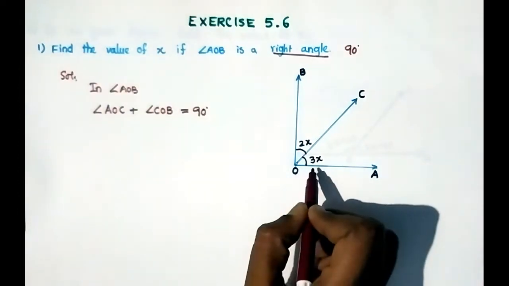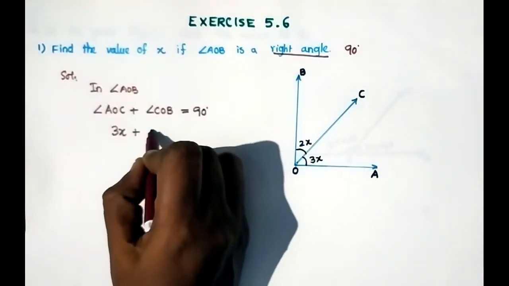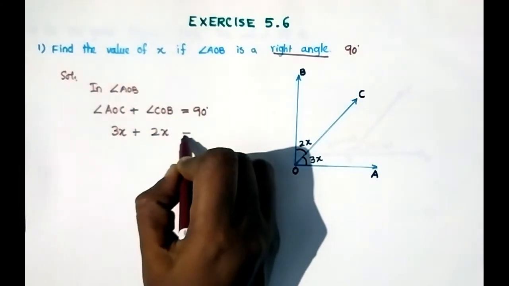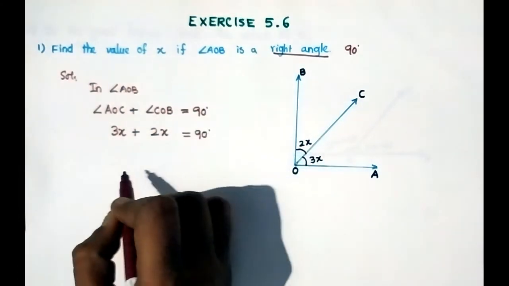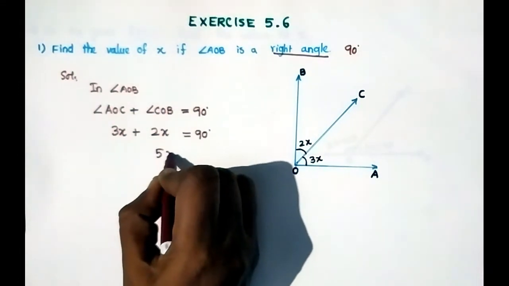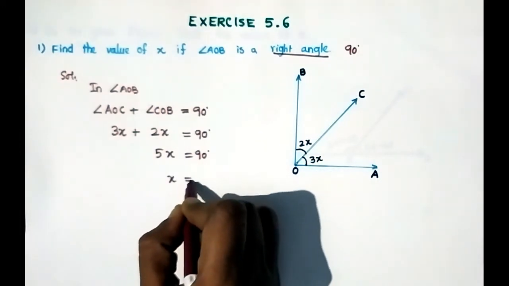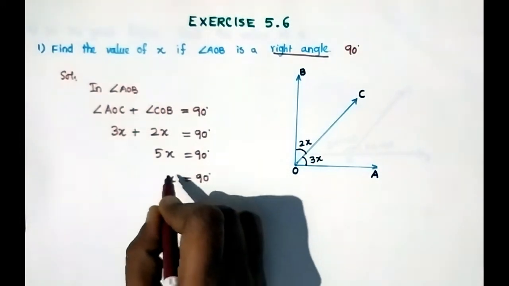Angle AOC is 3x. So 3x plus 2x equal to 90 degree. Add this, means we get 5x equal to 90 degree. So x equal to 90 degree.